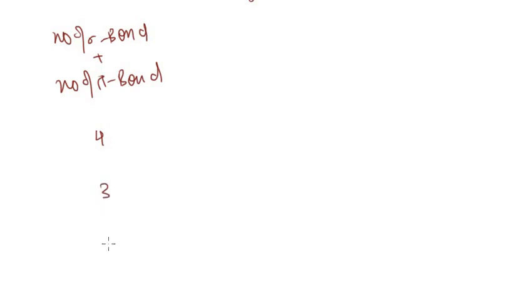So if we count the number of sigma bonds plus the number of pi bonds, and it is 4, and if it is 3, and if it is 2, then what will be the hybridization? Actually the number of sigma bonds plus the number of pi bonds is called the steric number.